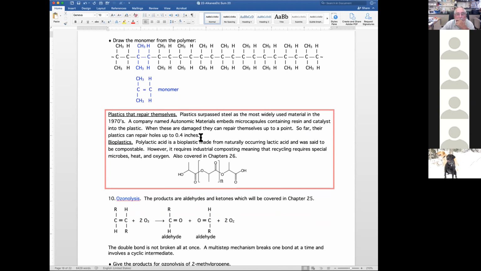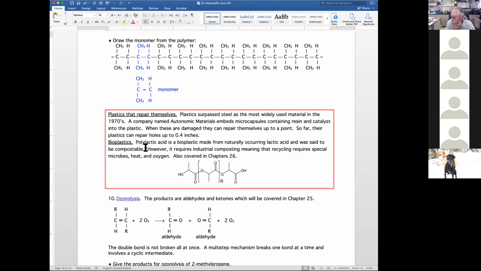Okay. So you may have heard of bioplastics. They use polylactic acid as a bioplastic. They claim that it's compostable.